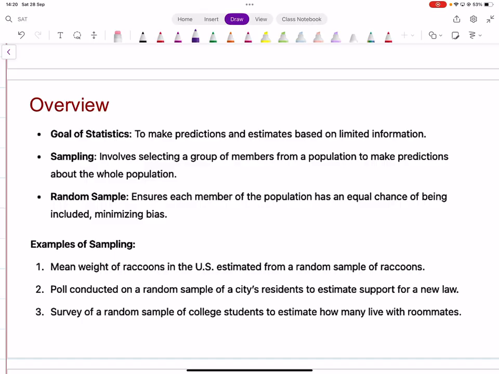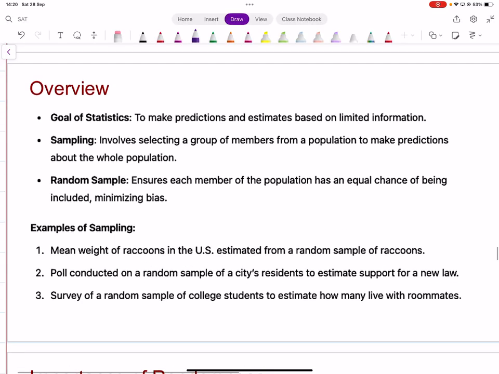It has to be random so that there's representation of people from all the different areas, all the different ethnicities, all the different religions, right? That will give you a better prediction. Your data set, your sample has to be random. Okay? So that's important. Whatever sample you take, it's important to remember it has to be a random sample, and then you can make an inference based on that.